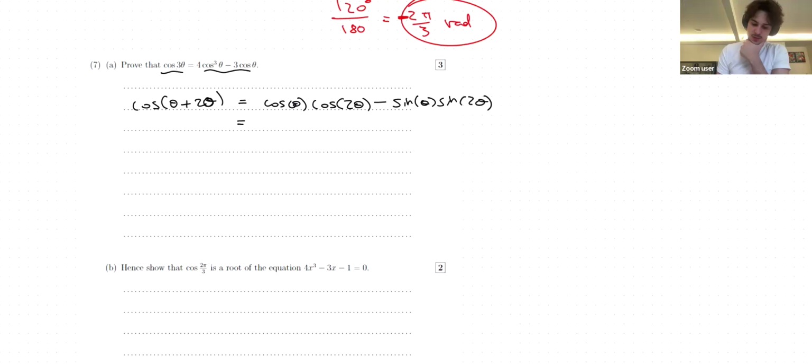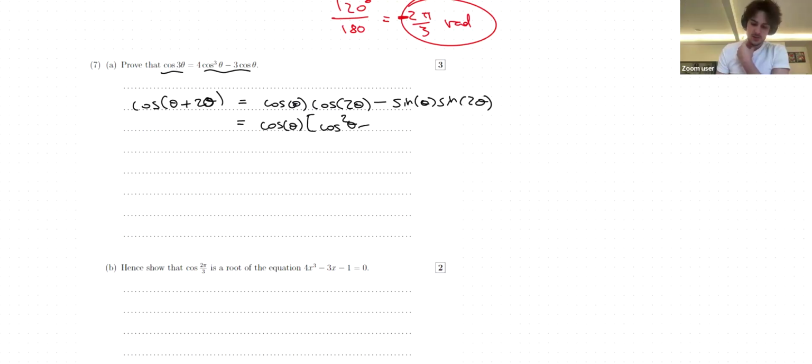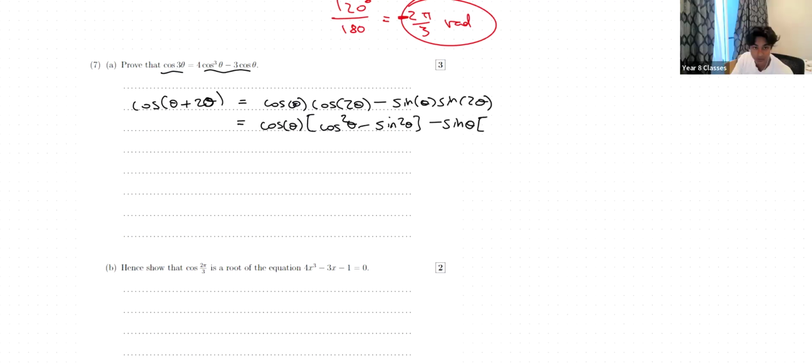So it becomes cos theta, brackets, cos squared theta minus sine squared theta, good, and then minus sine theta, brackets, sine theta cos theta. Is it just one sine theta cos theta? Oh no, two sine theta cos theta. Good.